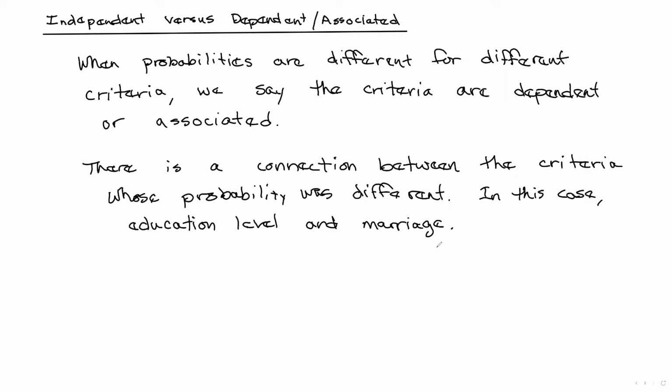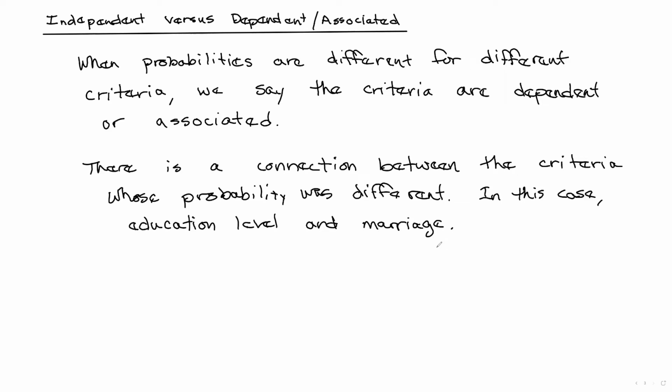But there are more obvious examples of dependent or associated criteria. And we started off with one at the very beginning, and that would be your income level and your education level. So typically people would say that there's a connection between those two. You see lots of tables, when you're in high school, which show the amount that you'd make with a high school education, the amount that you'd make with some college, the amount that you make with a bachelor's degree, the amount that you make with a master's, and then with a PhD, right?